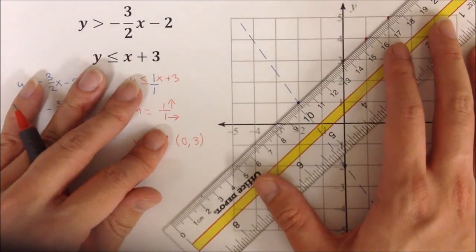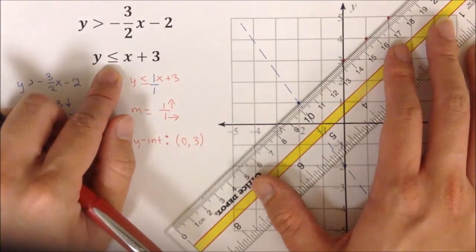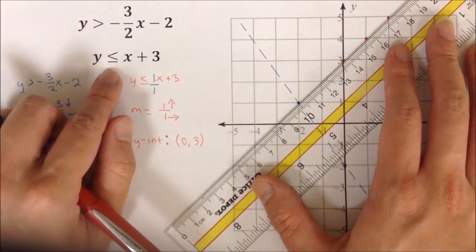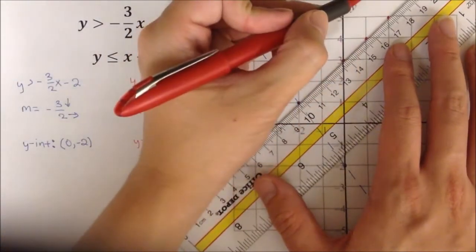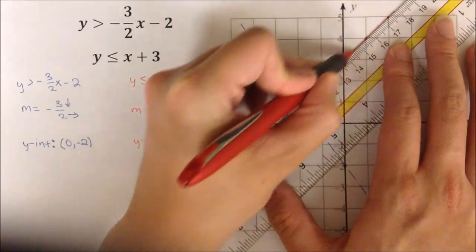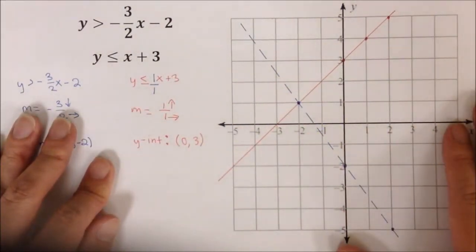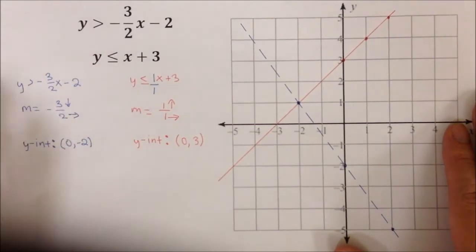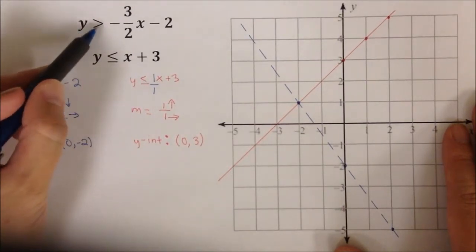Alright, now based on the inequality sign in the second inequality, less than or equal, this will be a solid line. So my solid line is going to be like this. Alright, so we finished graphing our linear inequality lines. Based on the blue one, our first one, it's facing y, it opens to y.